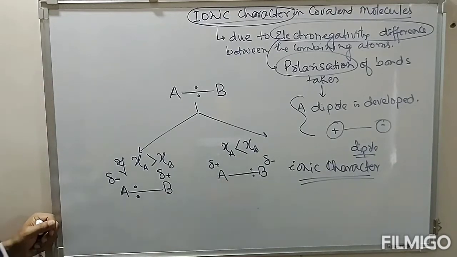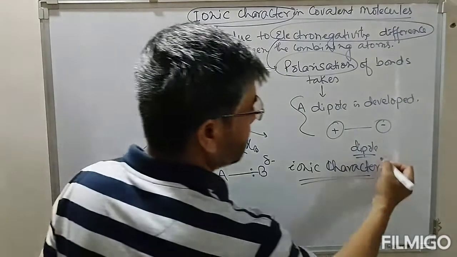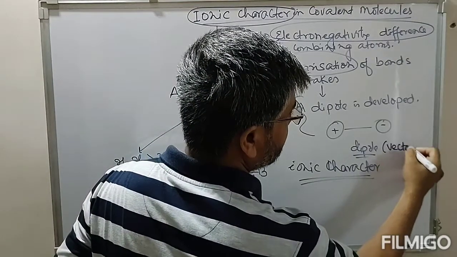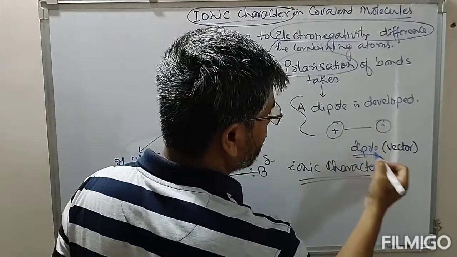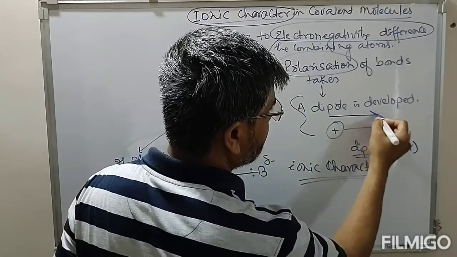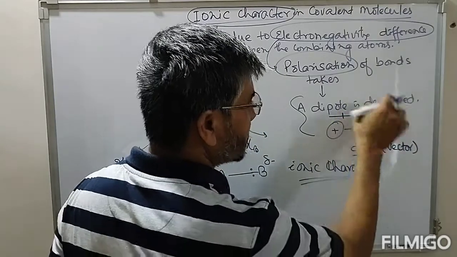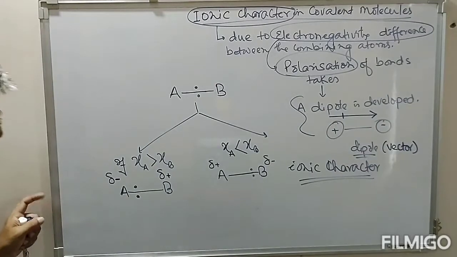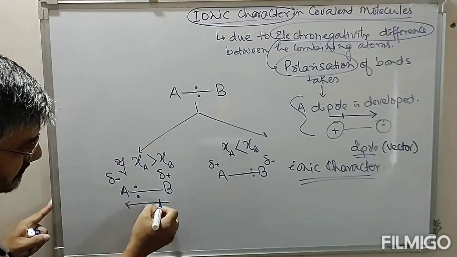Now this dipole is a vector quantity, and the direction of dipole is from positive to negative. This is the direction of dipole. This represents the positive terminal, this represents the negative terminal. So when A is more electronegative, the direction of dipole is this.